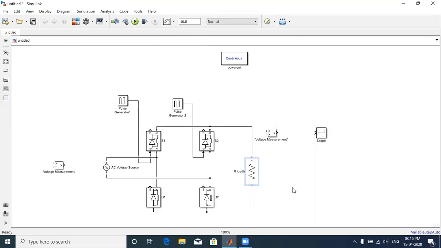A voltmeter for measurement of output voltage waveform.